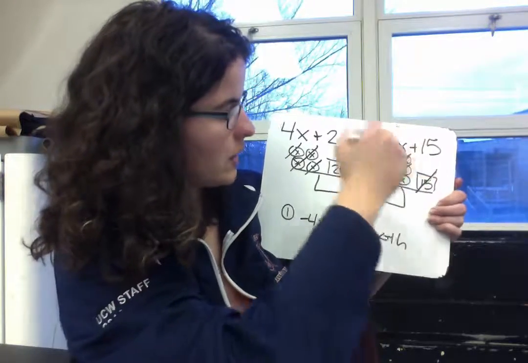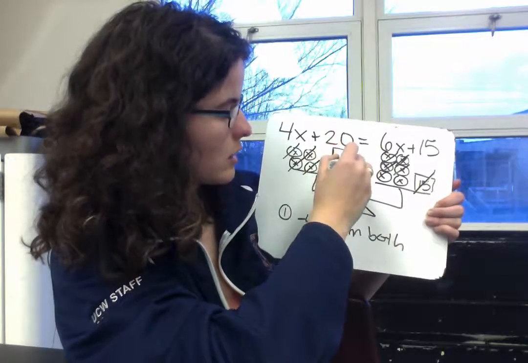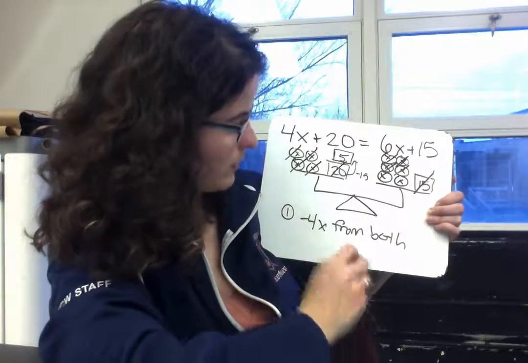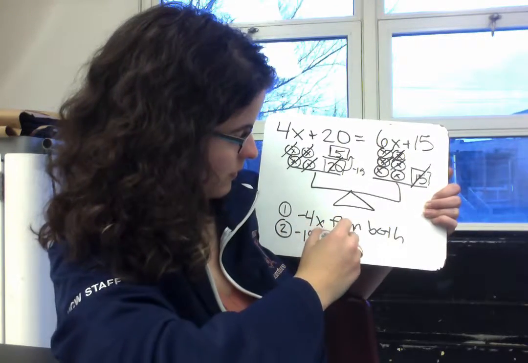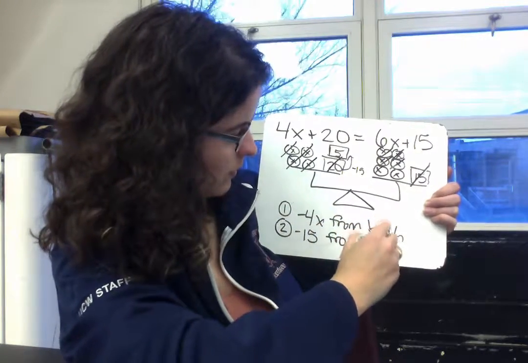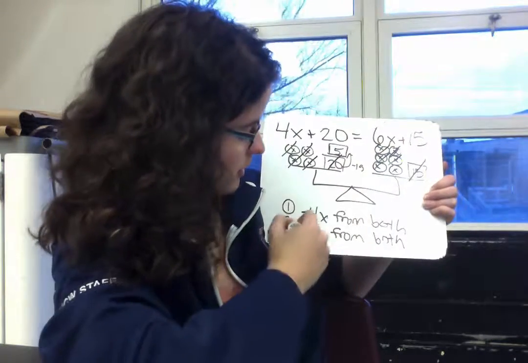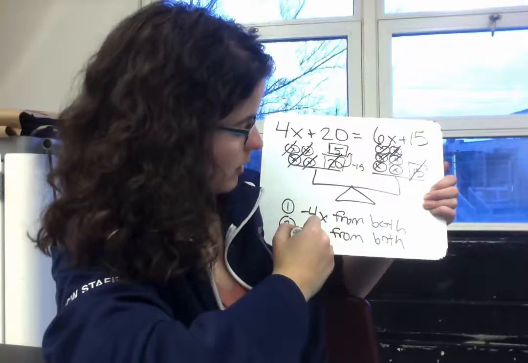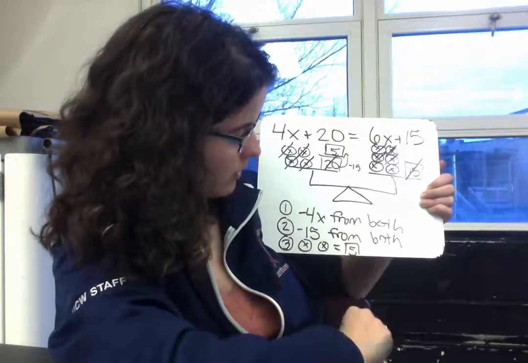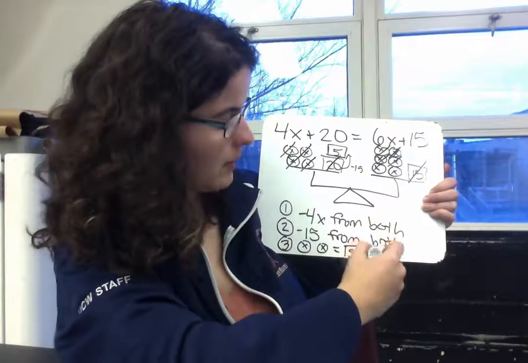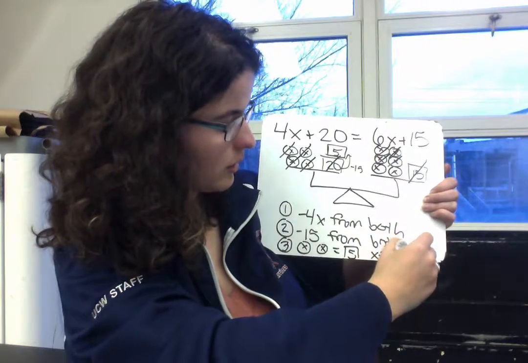So if I took 15 off this side, I would need to take 15 off this side, which would leave me with just 5 left over. And that would leave me with 2 bags that need to be equal to 5 pennies total. If I split that up, x needs to equal 5 halves or 2.5.